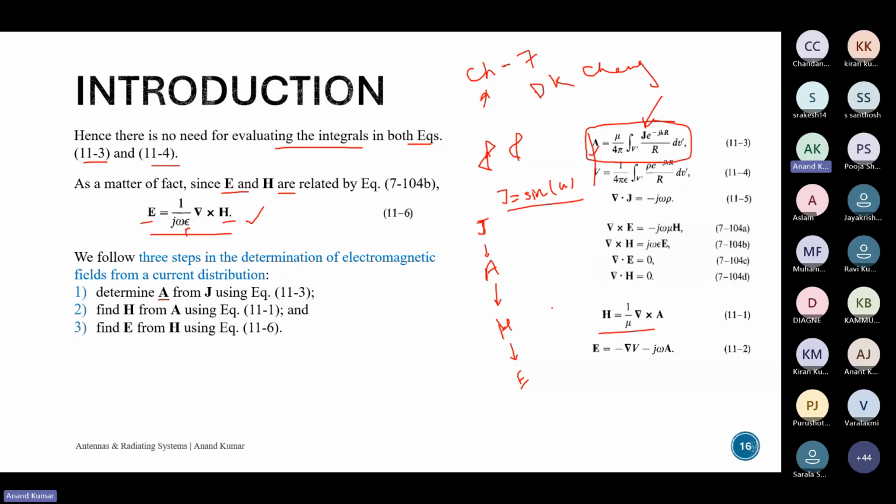If you have a structure, for example a patch antenna, you know how the current is flowing on this. If you give an excitation over here, you know how the current would go about this. So J is known, is what I'm trying to say.